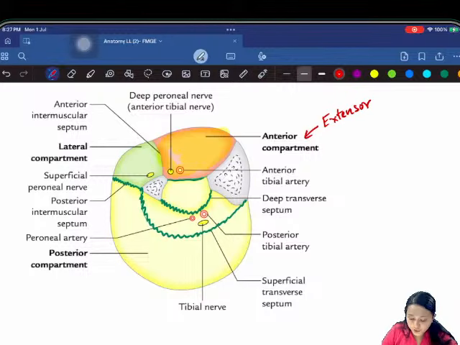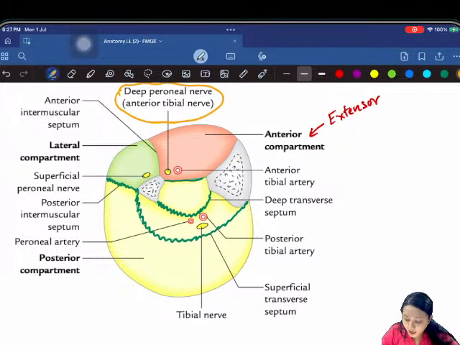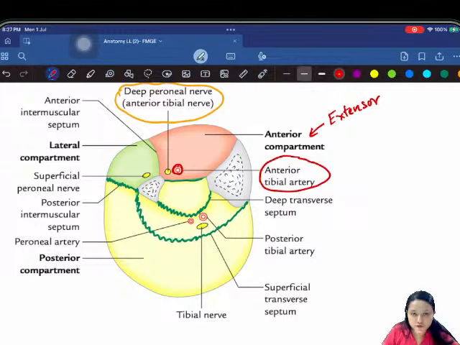The nerve to the anterior compartment of the leg is the deep peroneal nerve. So if any muscle of the anterior compartment comes up and they ask its nerve supply, the answer will be deep peroneal nerve. You can close your eyes and tick the answer. Deep peroneal nerve is also known as the anterior tibial nerve, and the artery of the anterior compartment is the anterior tibial artery.